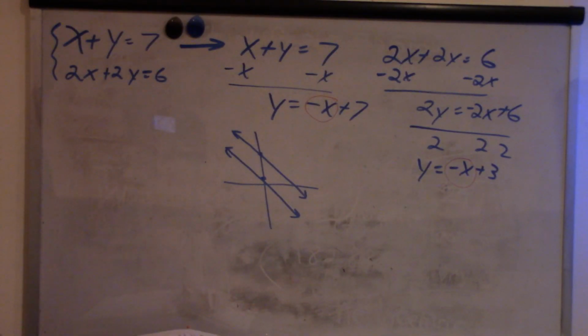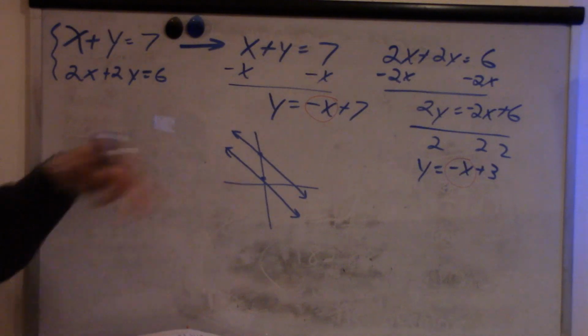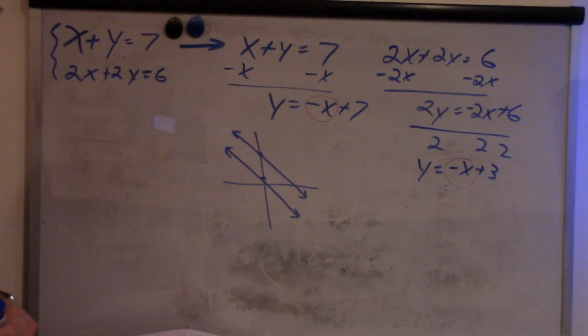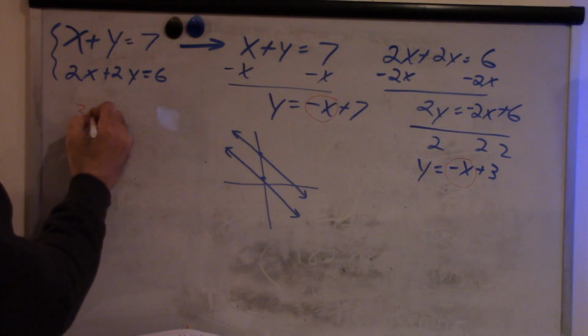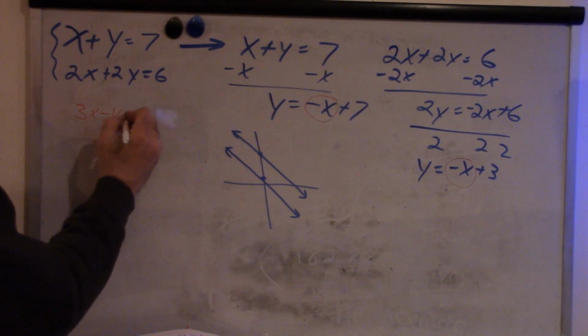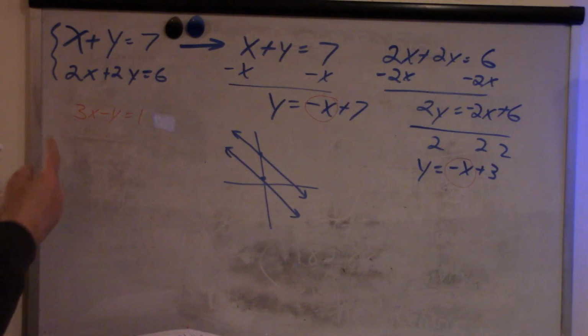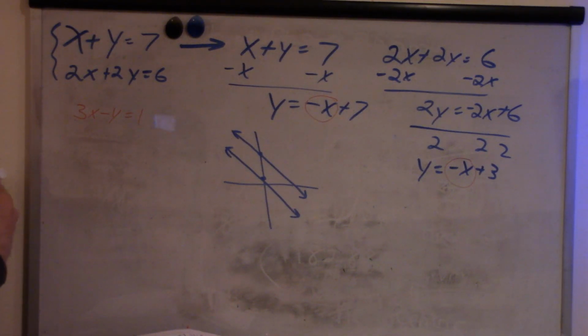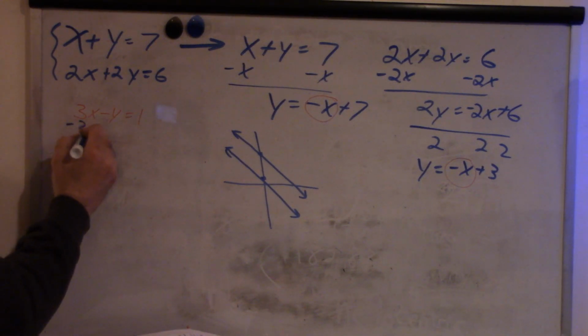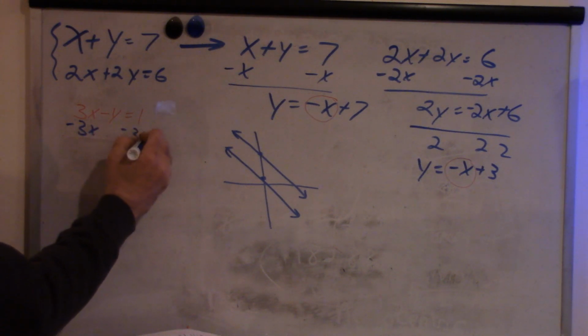On the graph in your book, they introduced a third line. There's a line that cuts across these two, and they give you the equation of that line, and it's 3x minus y equals 1. They have it graphed for you, but let me show you what it is. We have to move this 3x over, so I'm going to subtract 3x from both sides.